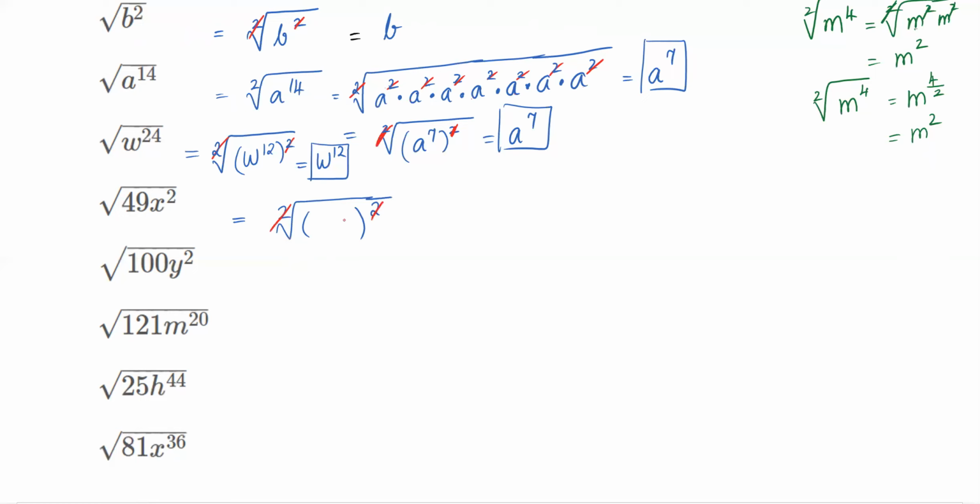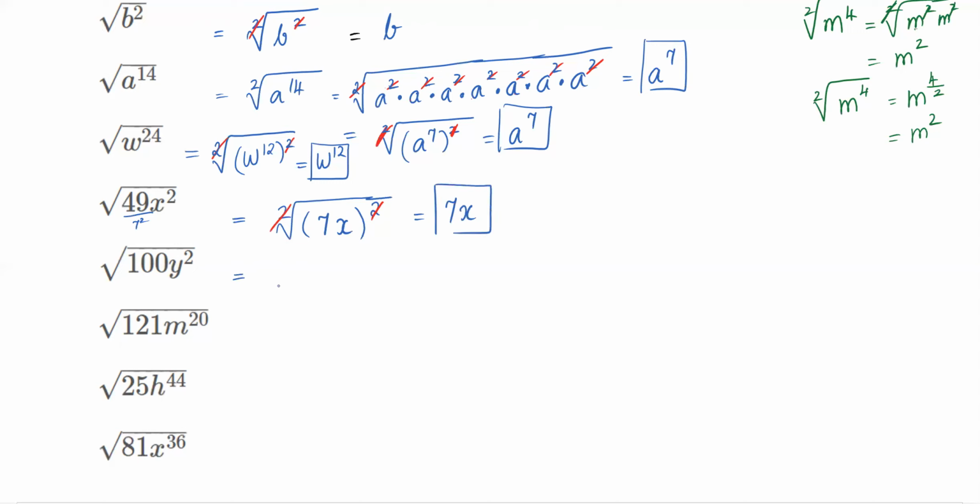So what should go inside so that that squared is 49x squared? Well, to begin with, we know that 49 is 7 squared, right? So we write that. And x squared is also x squared itself. But remember, the square is already outside. So you don't put the 7 squared and the x squared, you simply put the 7 and the x. Because 7 squared is 49 and x squared is x squared, right? They undo each other, just giving us 7x.